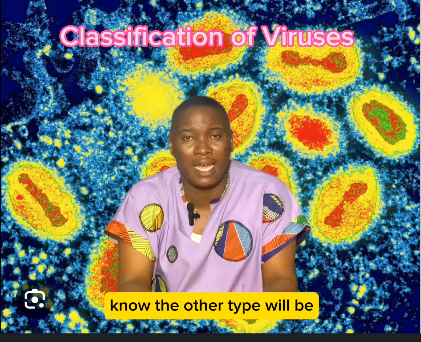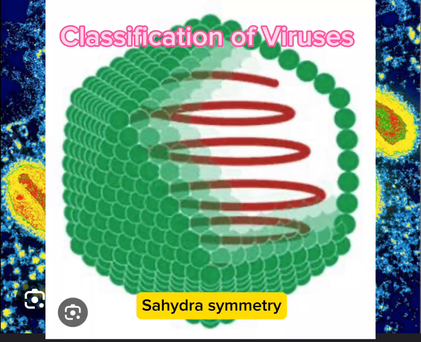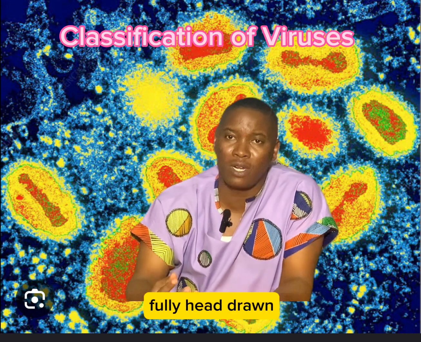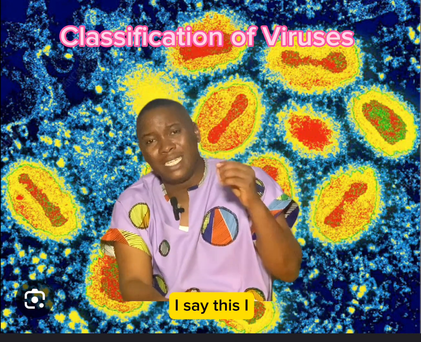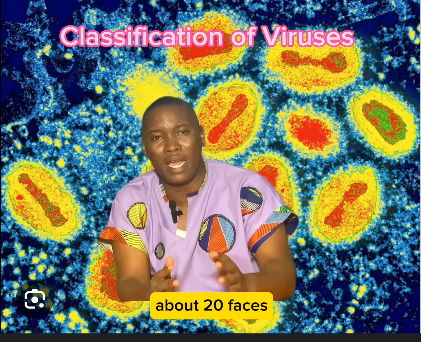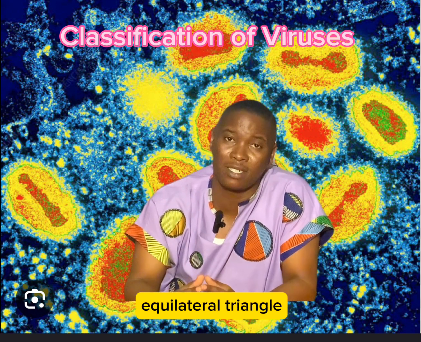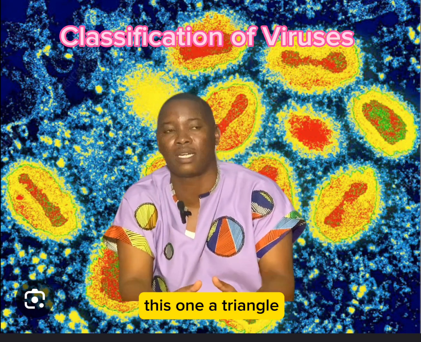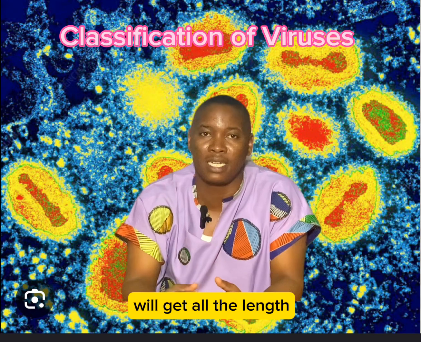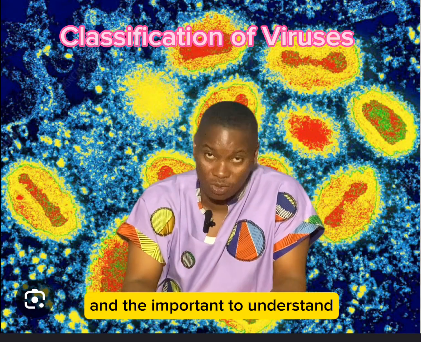Another important thing is the other type, which is what we call icosahedral symmetry. Now this one is complex. It is what we call a complex polyhedron, and what we mean is that this icosahedral shape has about 20 faces, and those 20 faces are faces of equilateral triangles. We know an equilateral triangle is a triangle where all the lengths are the same. So it is important to understand these viruses.